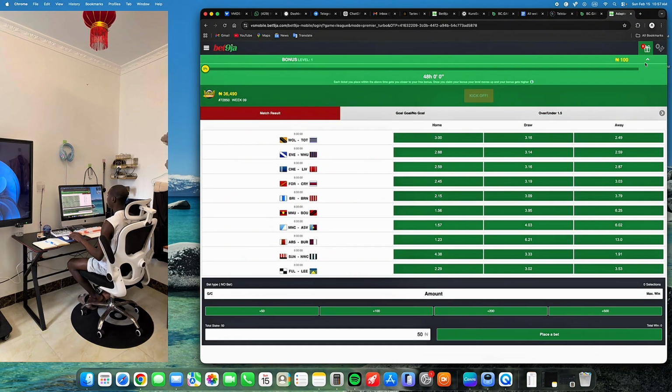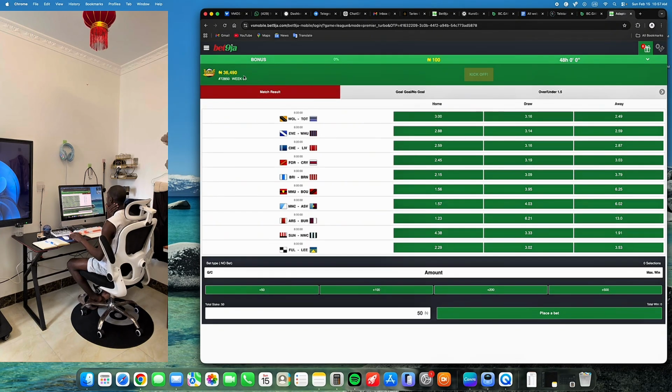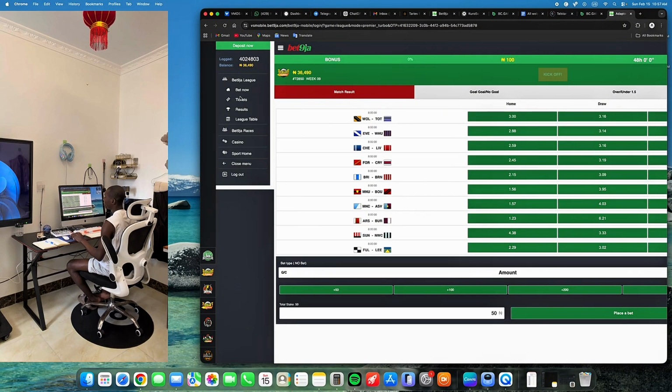So here you can see the balance is 36,000 and you can see the teams. We have a total of 20 teams in this game. Now if you click here, you will see your previous tickets.